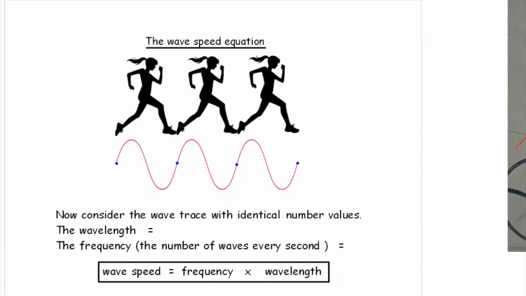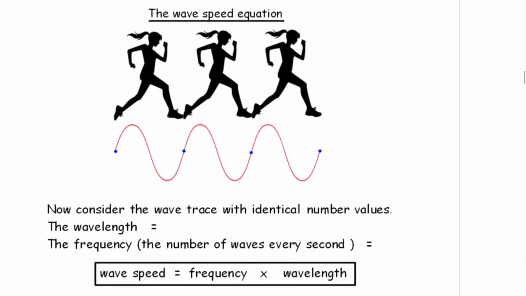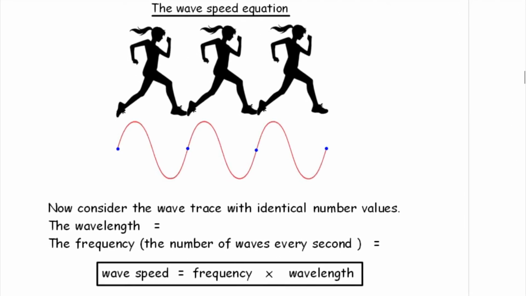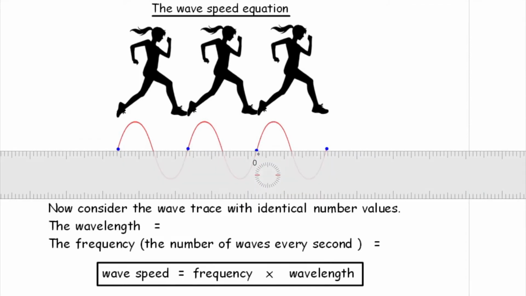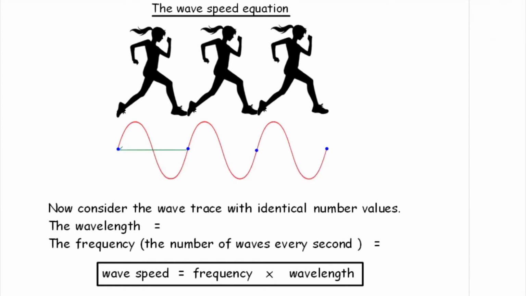Now consider the wave trace with identical number values. So the wavelength, let me just draw that again for you. The wavelength can be from midpoint to midpoint or peak to peak on adjacent waves. That's 1.2 meters.